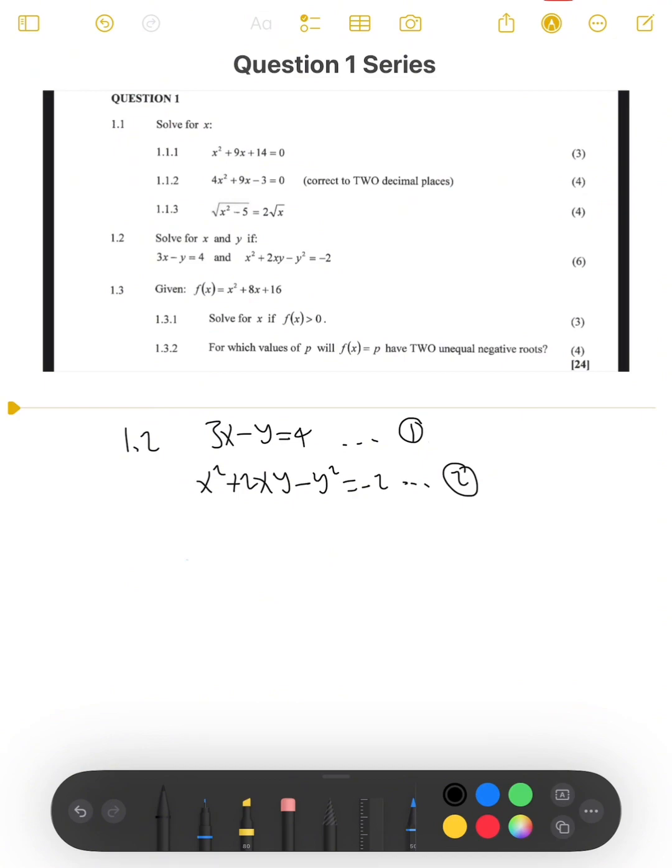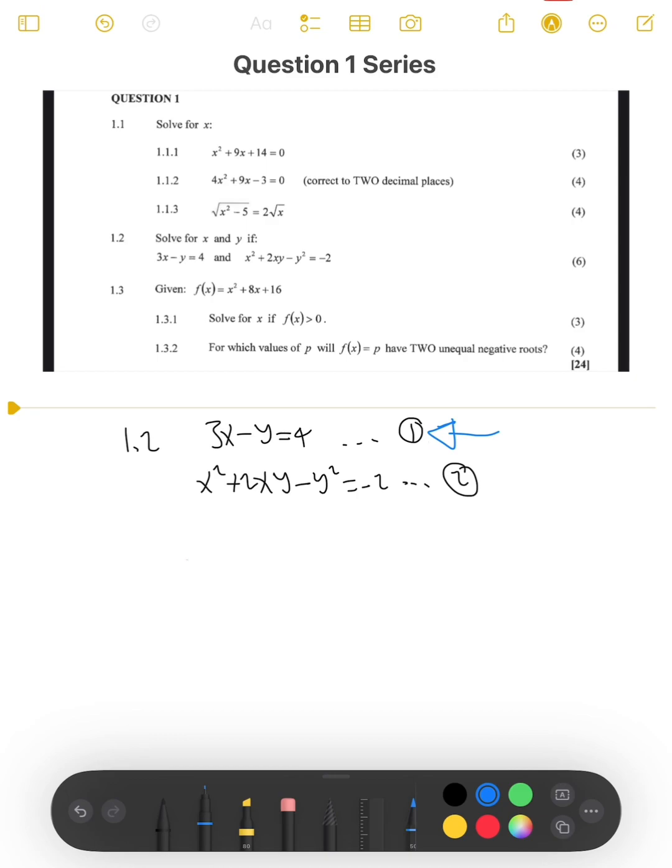So one thing that we notice is that it is a simultaneous equation, given two variables, of which the first thing with the simultaneous equation is to identify the equation that is simple to substitute into the other equation. In our case, that is our equation 1.